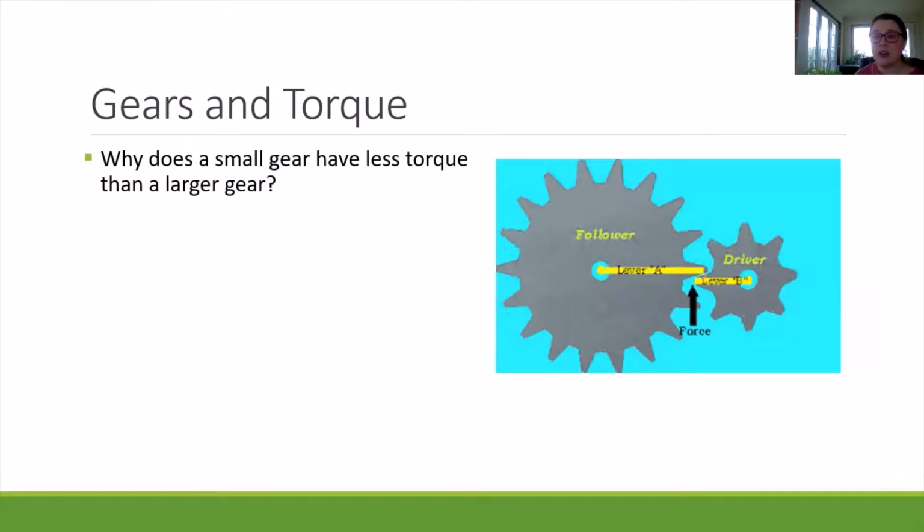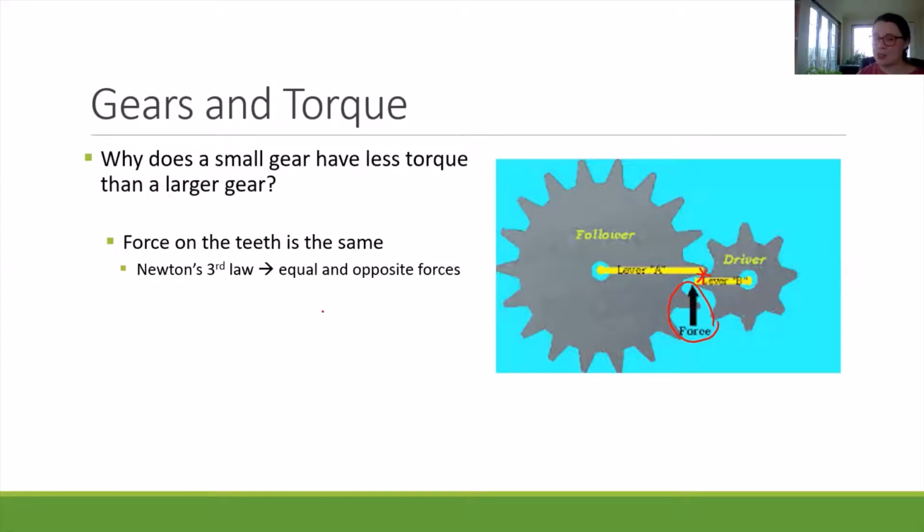Now, Newton's third law. Remember Newton's laws from the last section? It says that if this tooth pushes on this tooth, the other tooth pushes back, equal and opposite. Well, Newton's laws state that. So that means the force applied to the teeth has to be the same for the little gear and the big gear. So let's look at our torque formula. So that's Newton's third law, equal and opposite forces on the teeth.